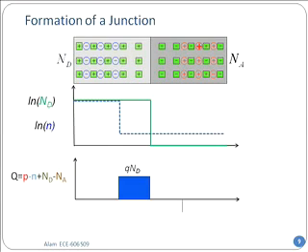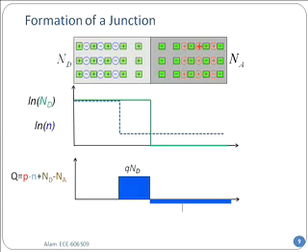Now this region is called a space charge region. Why? Because the charges are fixed in space and they cannot move around, and the space charge will essentially dictate the electrostatics. Now what about the right-hand side? The holes have gone to the right-hand side, so there should be a little bit of charge on the right-hand side also, right? If you subtract the green from the blue, you have that, but again the argument is that it is very small.